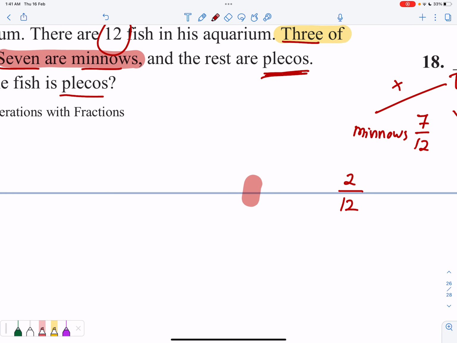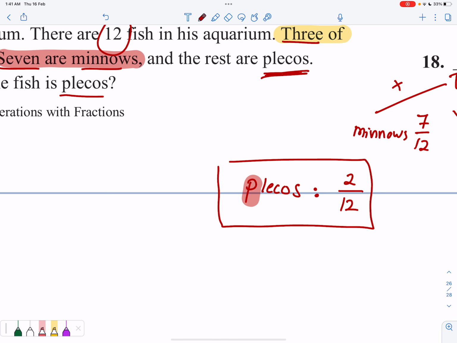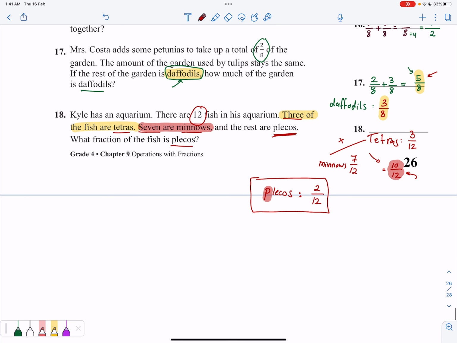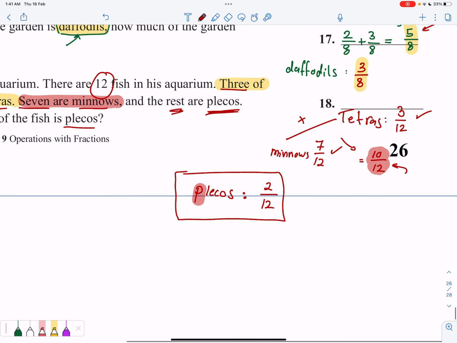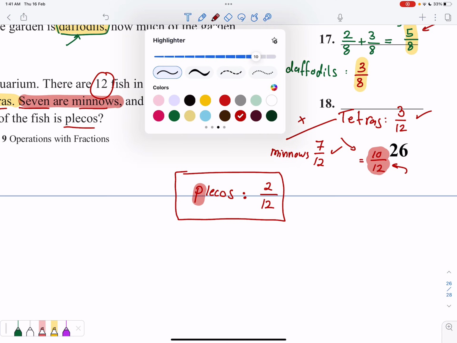So the plecos will be 2 fish out of the 12, because 3 out of the 12 are tetras, and 7 of them are minnows. When we added them together, we got 10 out of the 12. He was asking us how many plecos we have, because these are the rest. So the rest of the 10/12 is of course 2/12. So these are the plecos.